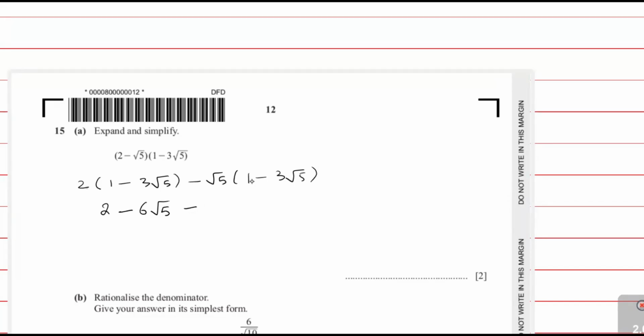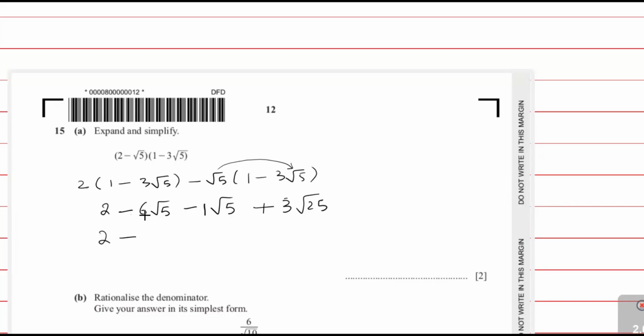And next, minus square root 5 into 1 is minus square root 5. Minus square root 5 times minus 3 square root 5 becomes plus 3 square root 25. And we can write this as 2 minus 6 square root 5 minus 1 square root 5.